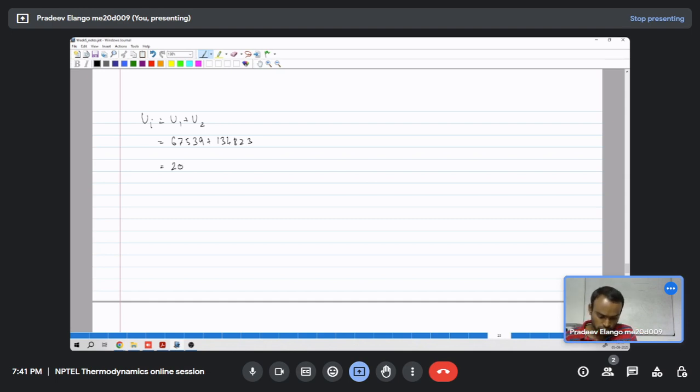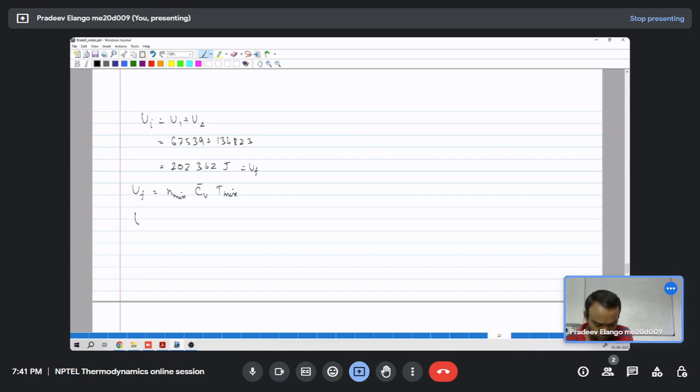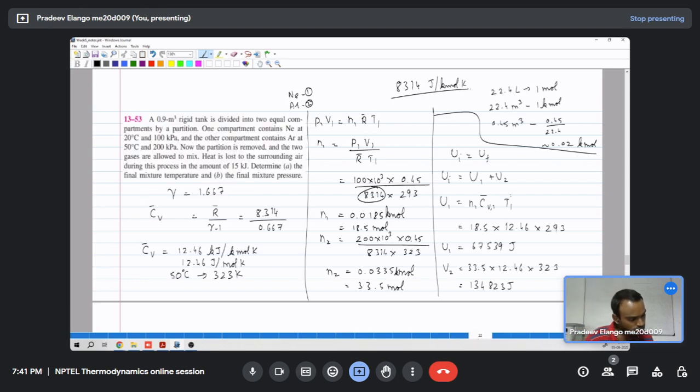This is 202,362 joules, and this is the same as U final, and U final is given as M initial into CV, the same, into T mixture. They also said that 15 kilojoules of energy is lost. So U initial equals U final plus Q, where Q is 15 kilojoules.